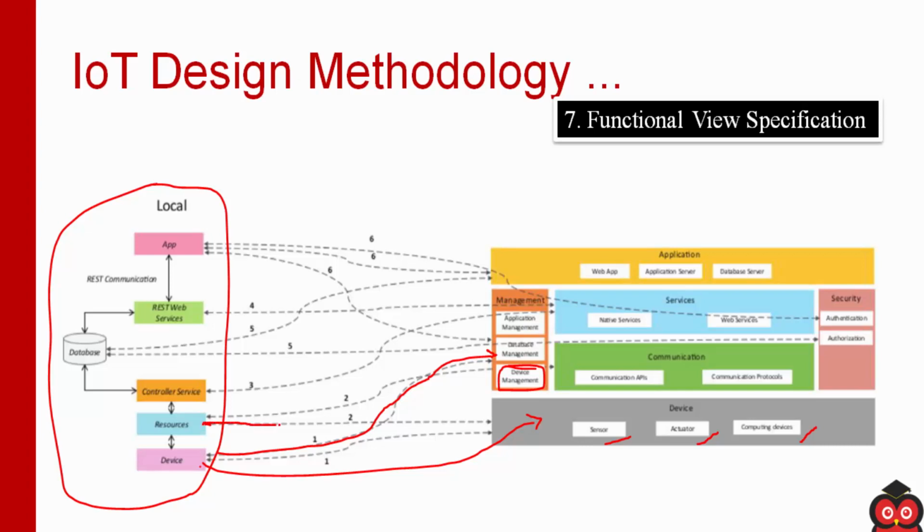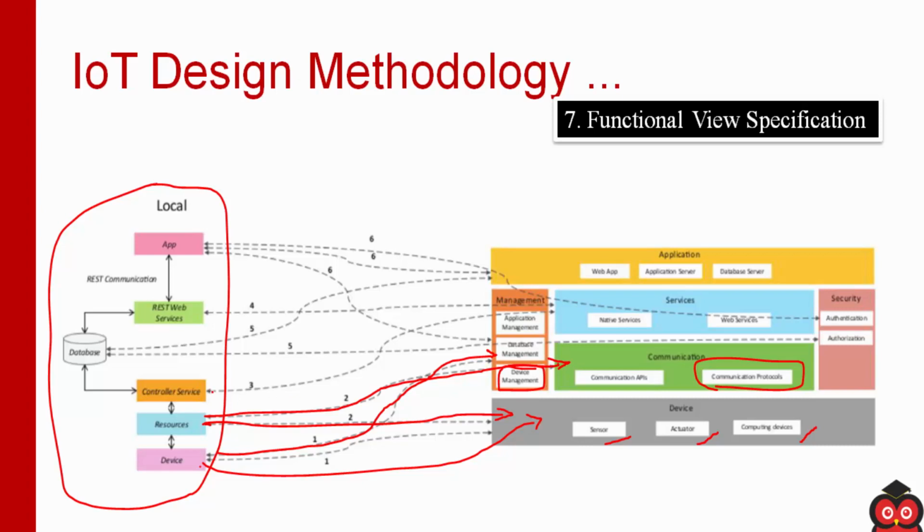That's why this is linked to device functional group. Okay, and since we have network resource which is communication, that's why it is also linked to communication functional group. Since we have communication protocols, we use these things also, right?